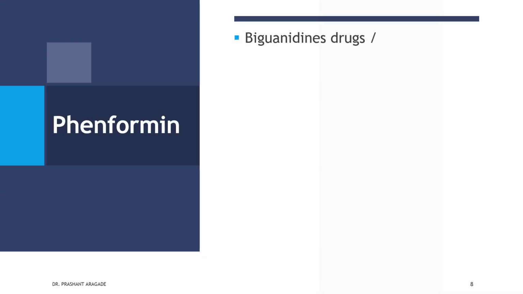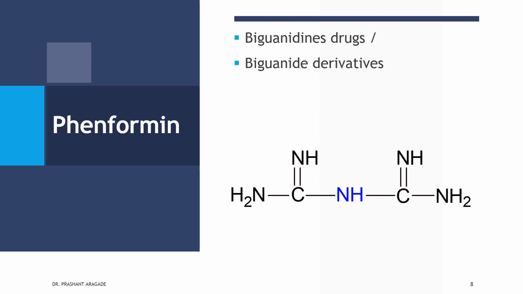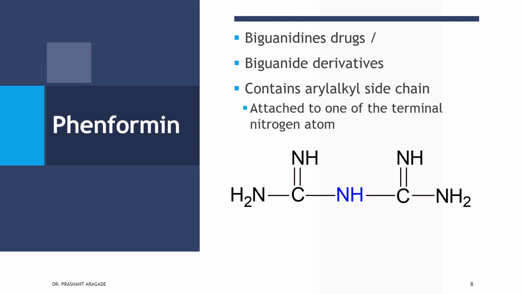Fenformin is an example of a biguanide drug. It contains two guanidine molecules joined together by a common NH link, and it must contain an aryl alkyl group attached to one of the terminal nitrogen atoms. So that is here, or you can attach aryl alkyl groups on this terminal nitrogen atom also.